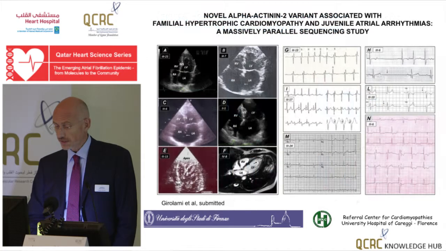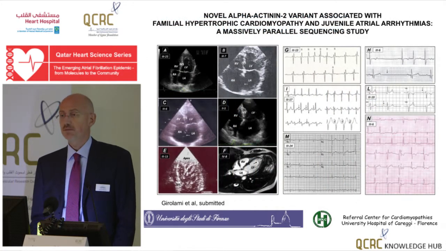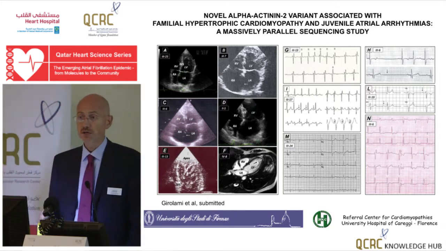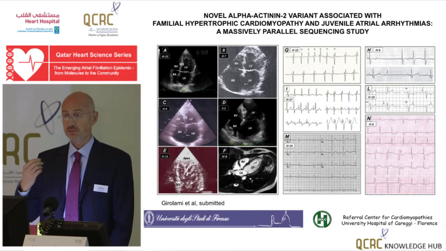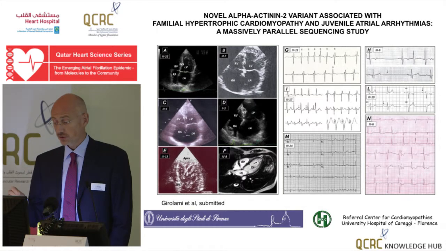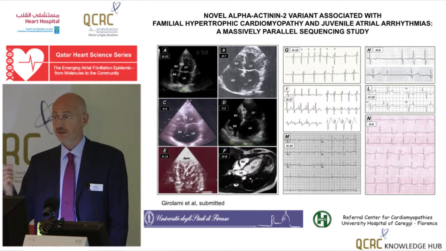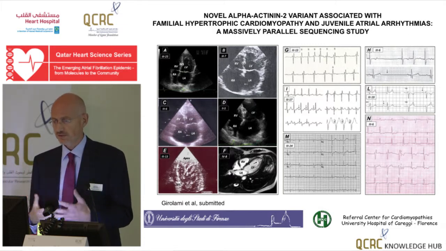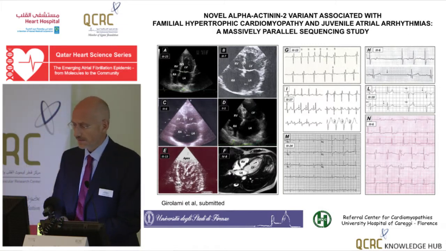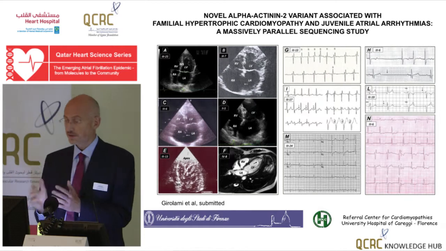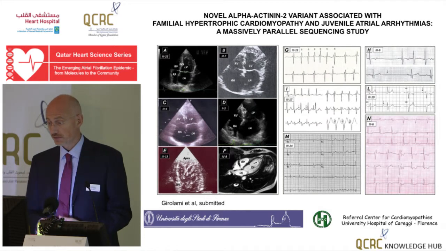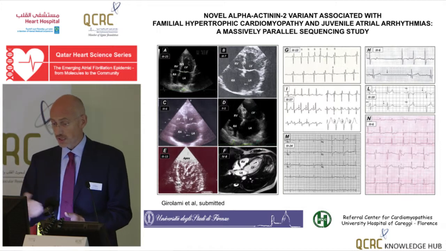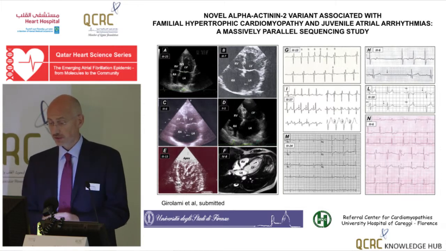Just to finish off by saying that we also have families in which on top of HCM, we do have recurrent atrial fibrillation as a primary component of disease. Patients who have HCM and start fibrillating very, very early, and there's not enough hemodynamic substrate to justify a secondary origin, there really seems to be co-segregation of the 2 phenotypes. This is, for example, one family, a huge family, as I will show you.